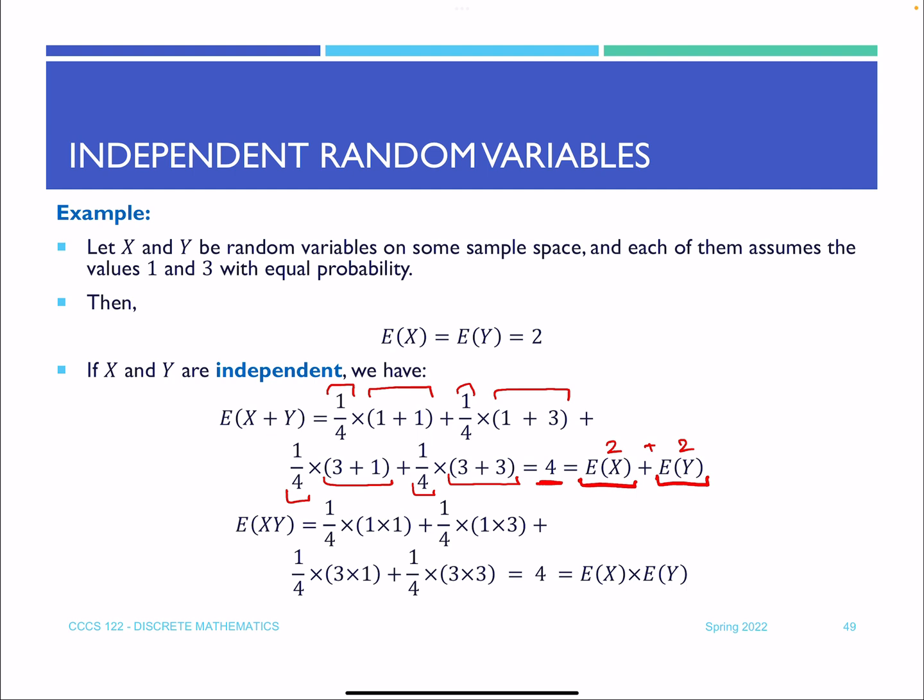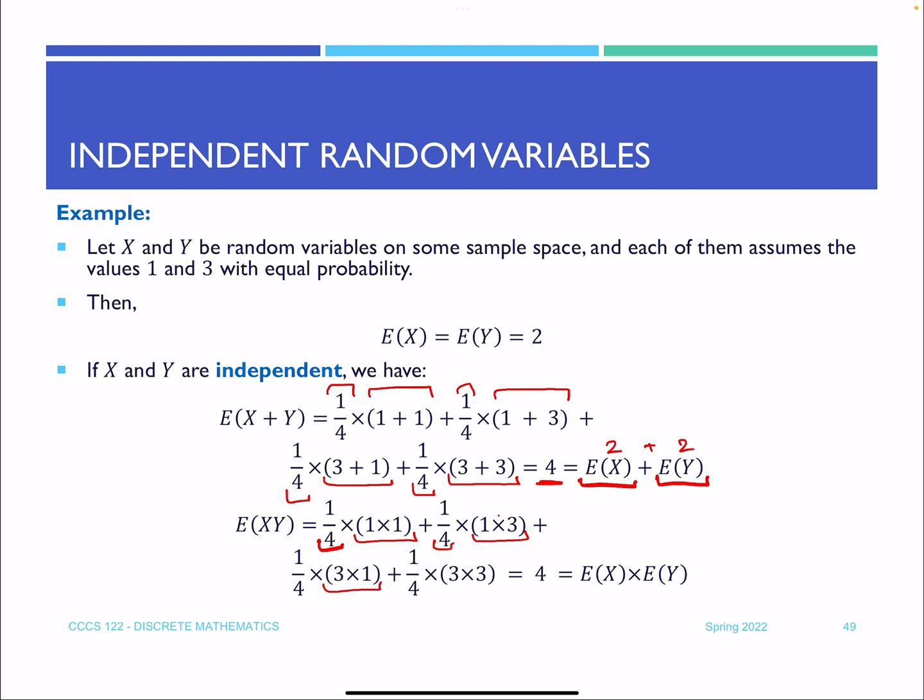Now, let's try it for E of xy. So, E of xy: a quarter probability that you see 1 and 1, so multiply 1 and 1 in here. A quarter probability that we see 1 and 3, so we're multiplying 1 and 3 in here.